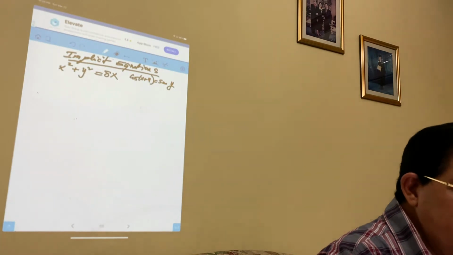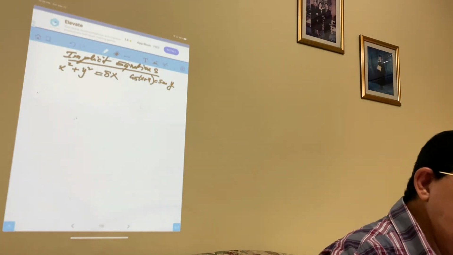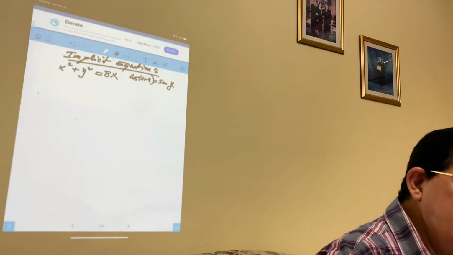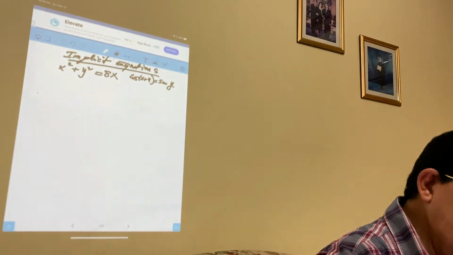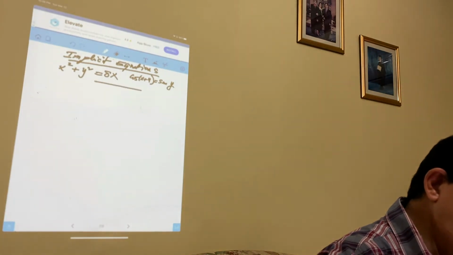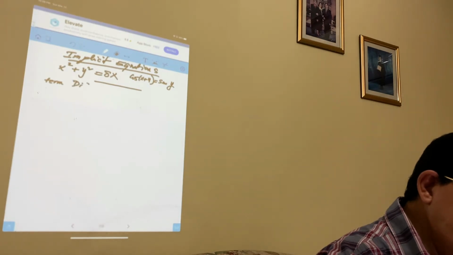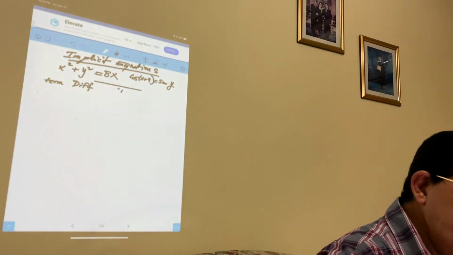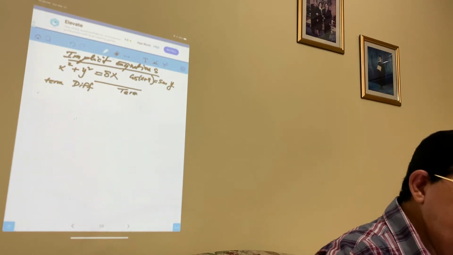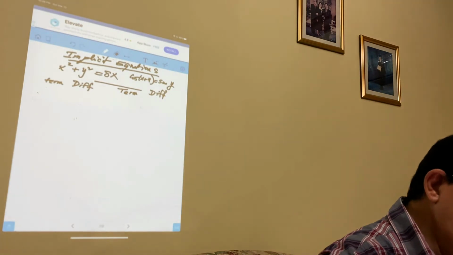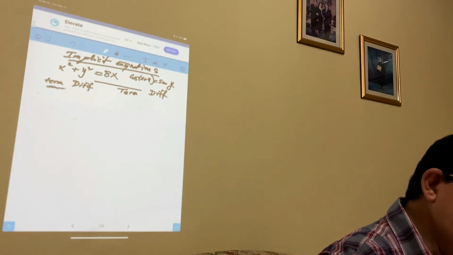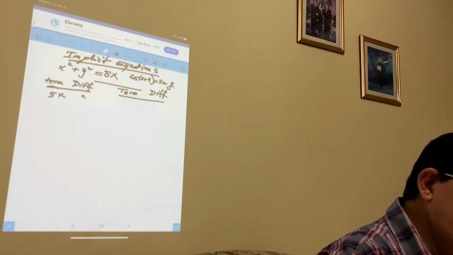How are we going to do it? We are going to do it by differentiating each term separately. Therefore, we're going to take examples of a term and its differentiation. If the term, for example, is 5x, the differentiation is 5.